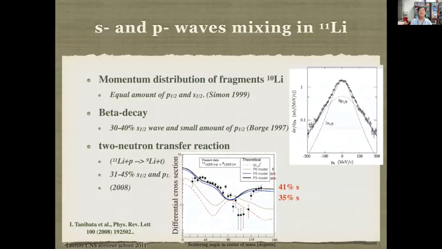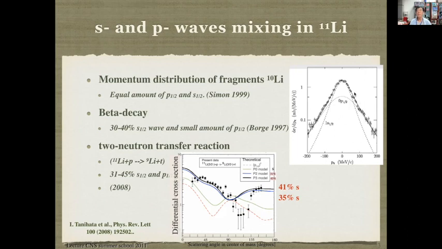Okay, so this is one of the most striking results for me. First of all, this momentum distribution of the fragment of lithium-11, lithium-10, has a very peculiar momentum distribution. It's here.